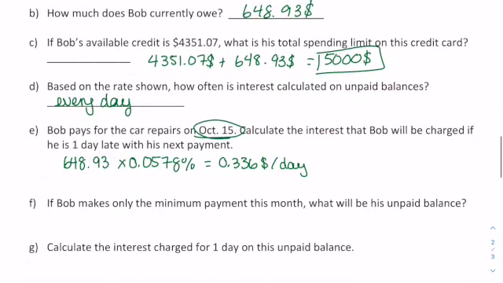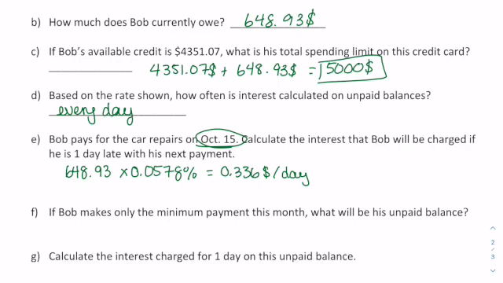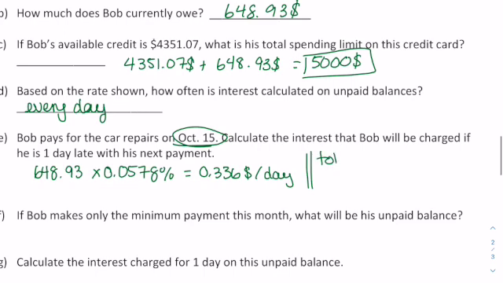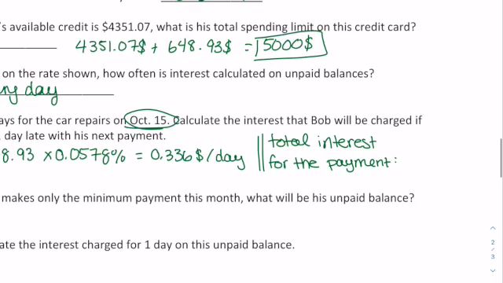So if he's a day late paying that, then they'll say, okay, here's how much you owe us in interest. Now remember, interest is charged from the day you made the purchase. So it is going to be 15 days later. Now, we'll add that calculation in here. So you'd have 15 days.